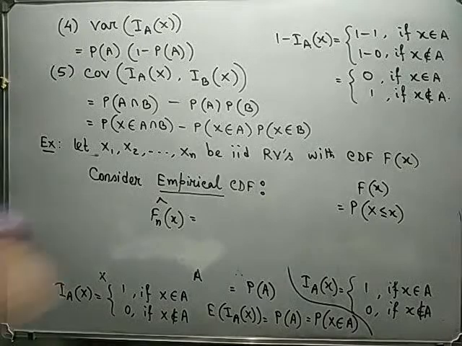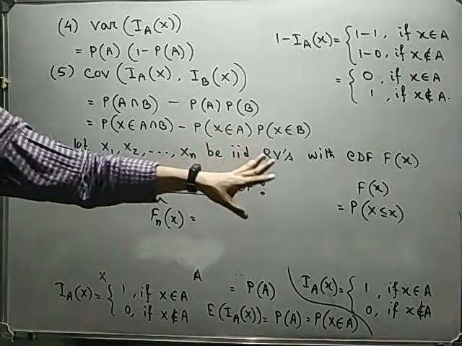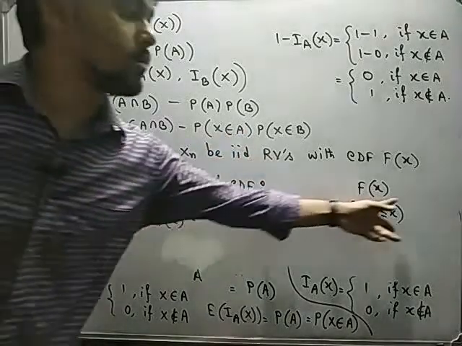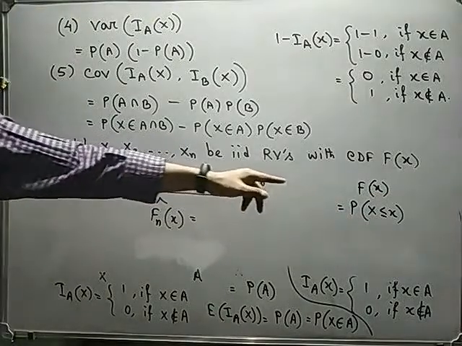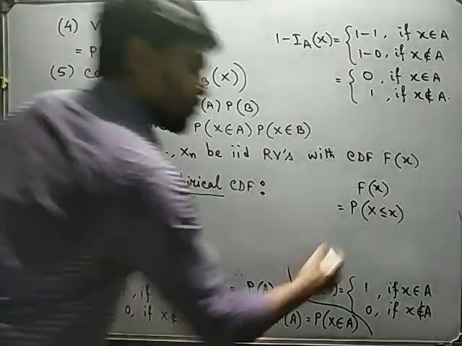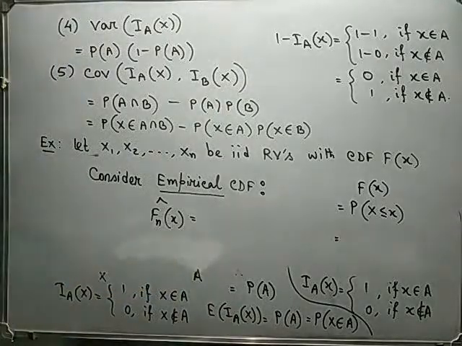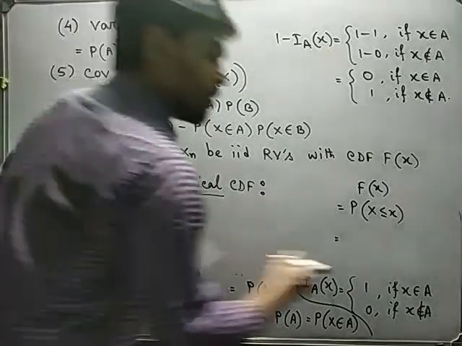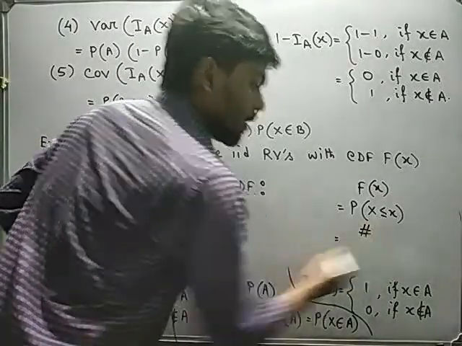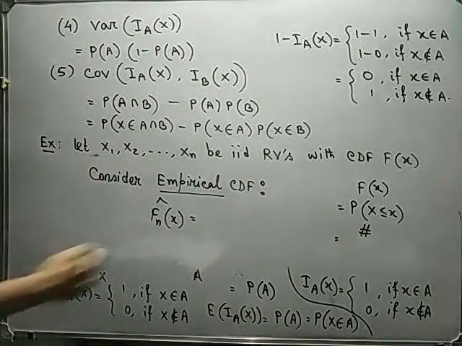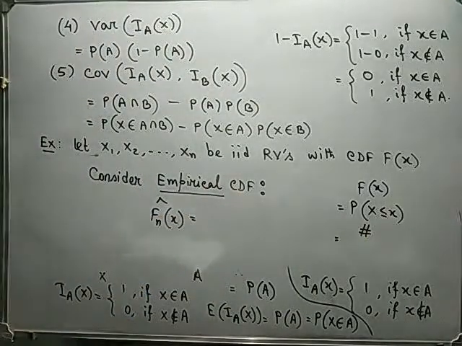But in programming language, or in a sample, how can we get this value? As capital X is a random variable, in a sample or in programming we can create n values. If you have done C or R programming, you can easily understand.